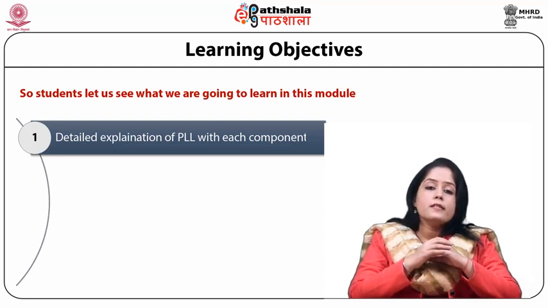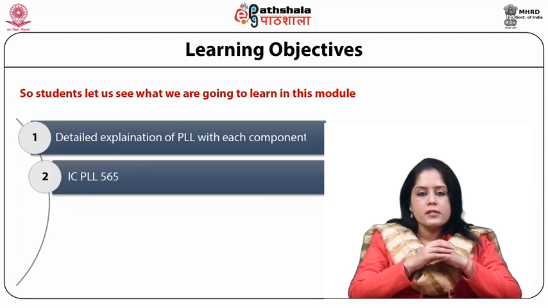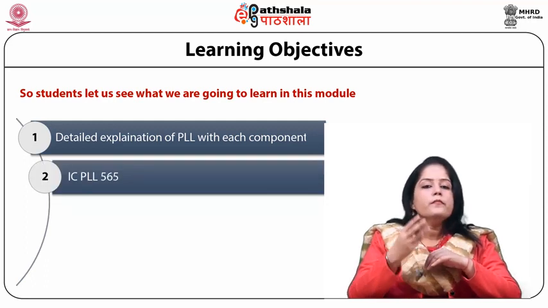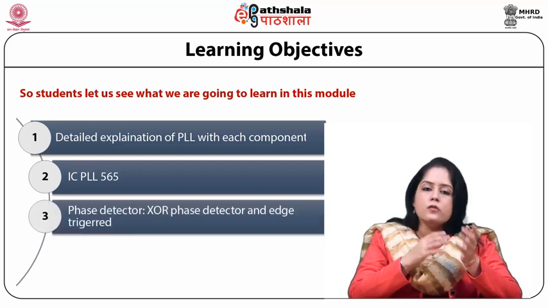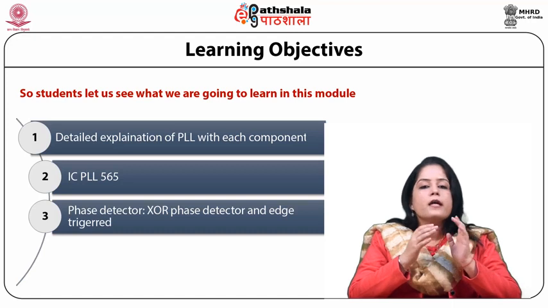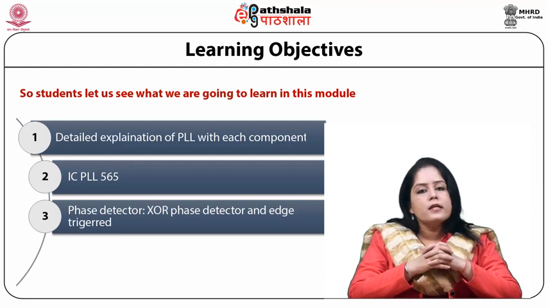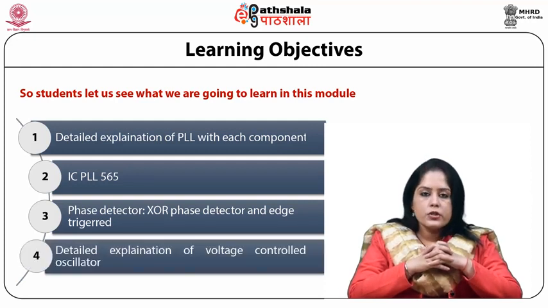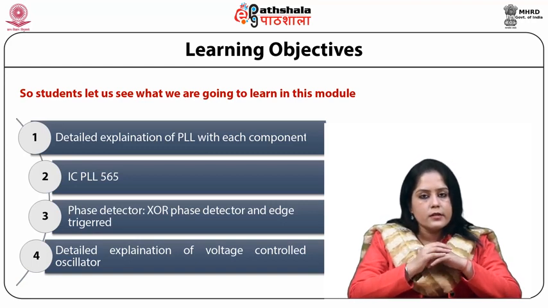Second, we will discuss the IC PLL 565. Third, phase detectors, that is XOR phase detector and edge triggered, will be discussed in this module. Lastly, a detailed explanation of the voltage controlled oscillator will be discussed in this module.